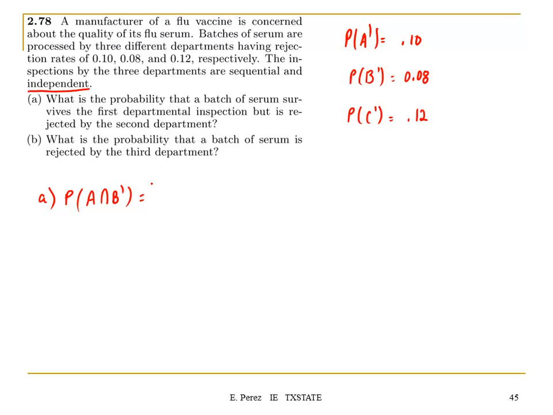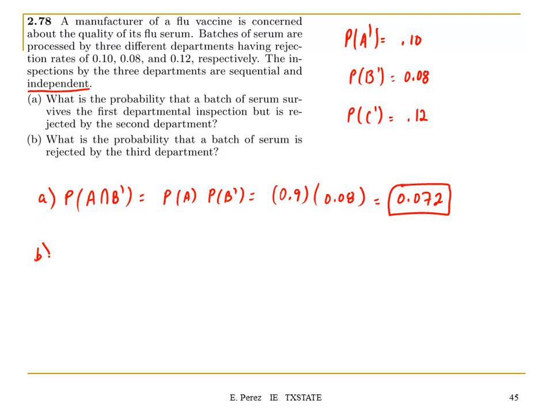So we know that the events are independent, right? So when they are independent, we can just multiply those probabilities. So probability of A times the probability of B complement, that is 0.9 times 0.08, and that is 0.72. Let's look at part B. What is the probability that a batch of serum is rejected by the third department?